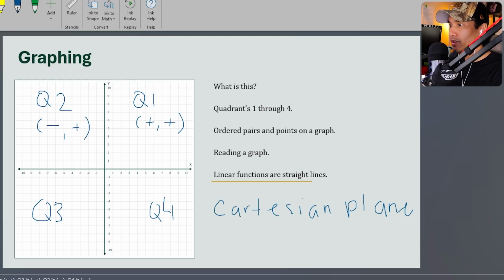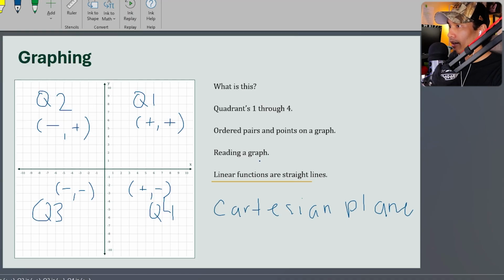Quadrant 3 has both negative x values and negative y values. And then quadrant 4 will have positive x values and then negative y values. Okay? Screenshot this. This is important.